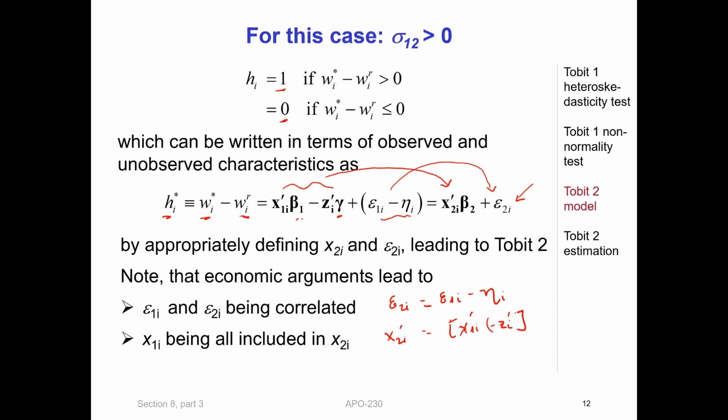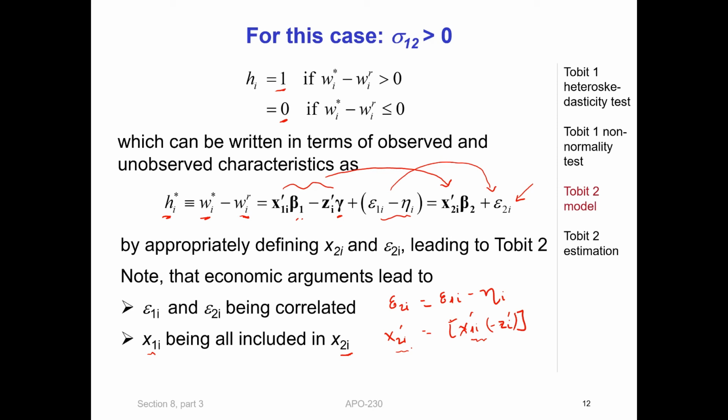So even though there's the minus over there, you could understand that when we talk about x2i, we implicitly include zi over there and x1i. So all the explanatory variables that explain the offer wage are actually included in the explanatory variables that capture the decision to participate, right?